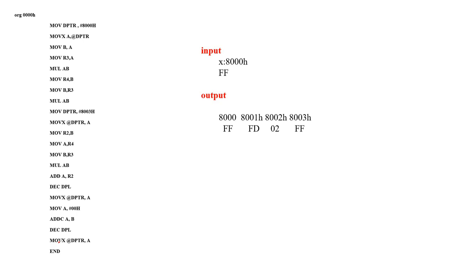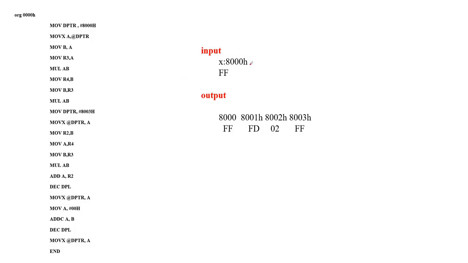So we will use move x at dptr comma A. So the final result which was in the accumulator A is written to the memory address. And then we will end the program.